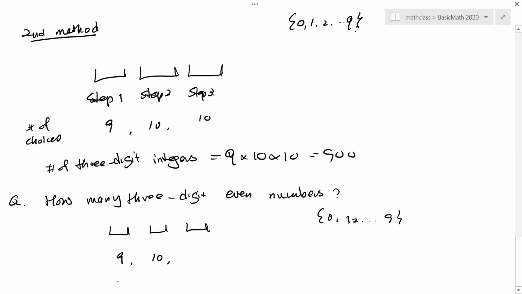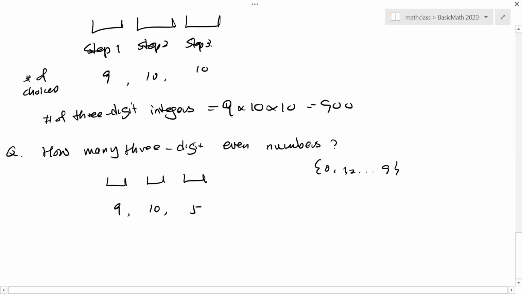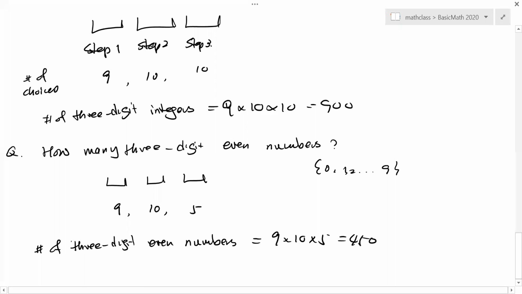But the third step, you can only pick even digits, which is 5 choices. So the number of 3-digit even numbers is going to be 9 times 10 times 5, 450, okay, 450.